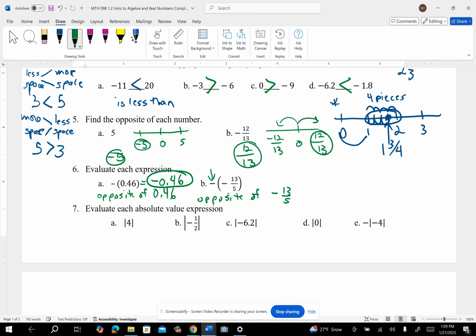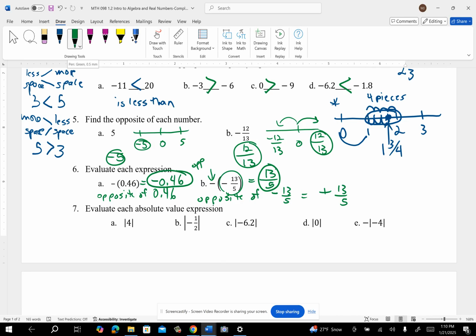Okay, so this is opposite of this negative number. So that would equal positive 13/5. Okay, so your answer would be positive 13/5. So this would be the opposite of, and then the opposite of this negative number.